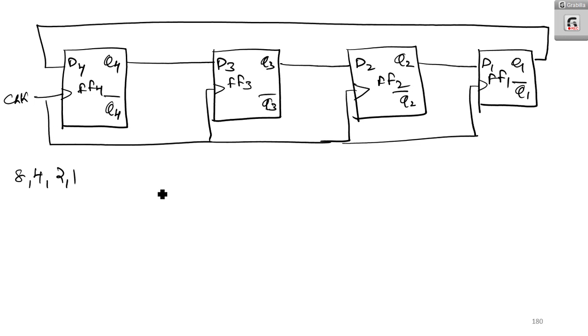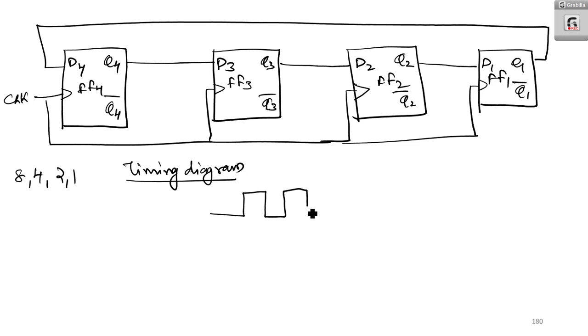Now, if you are drawing the timing diagram of this flip-flop, I am having positive edge clock pulses 1, 2, 3, 4, 5.